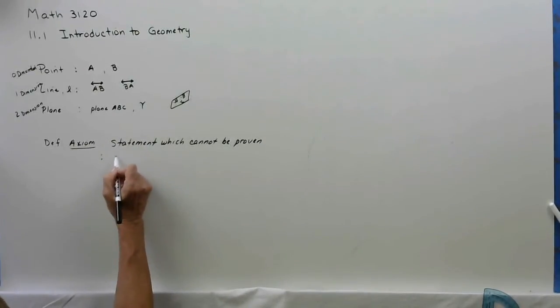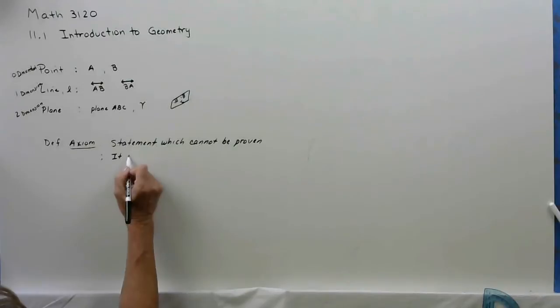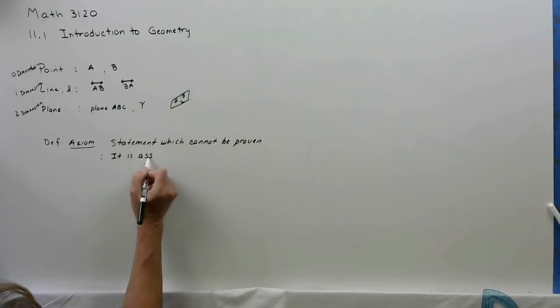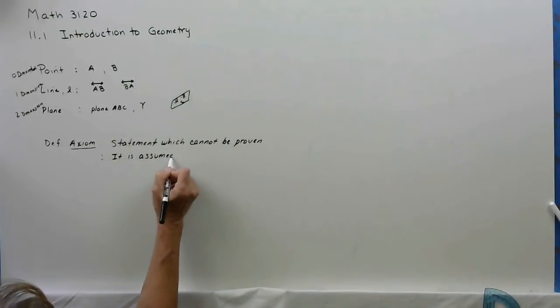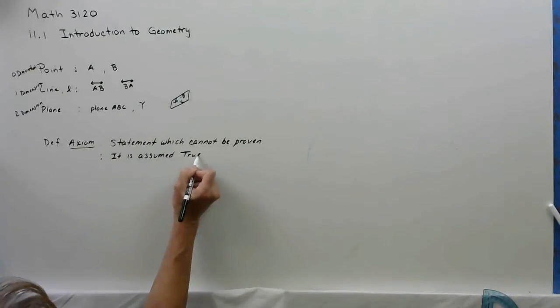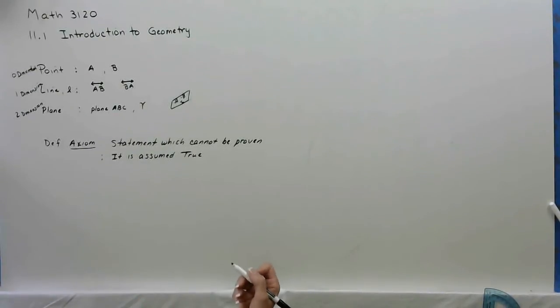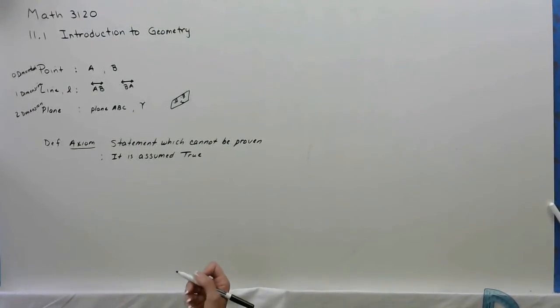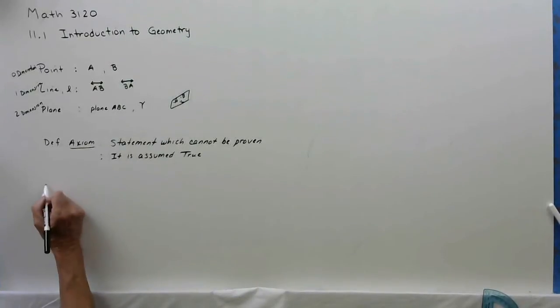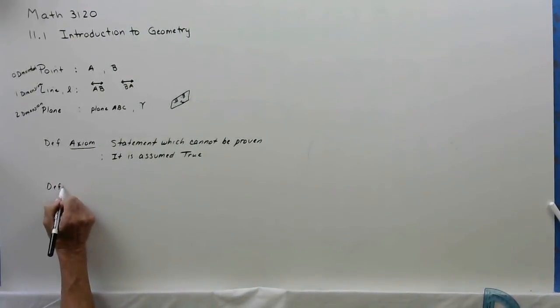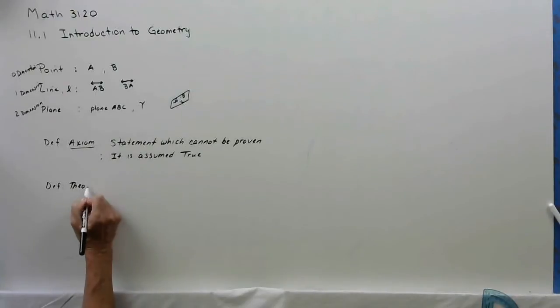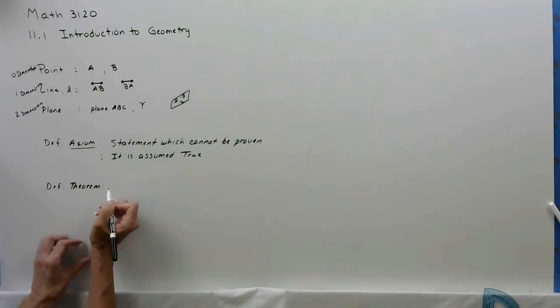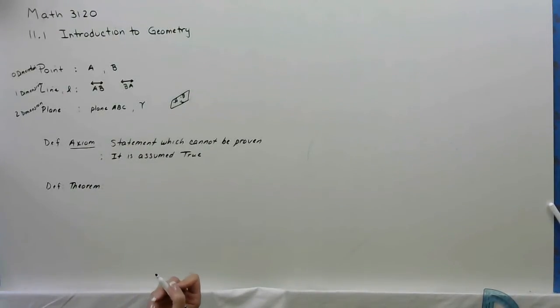It is assumed true. Now in high school geometry, you may have also heard postulate, same type of thing. It's a statement which cannot be proven. We assume it's true. When we can prove, that's what we call a theorem. These are statements which can be proven.